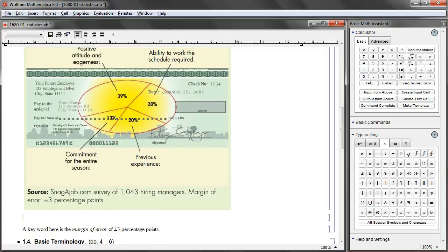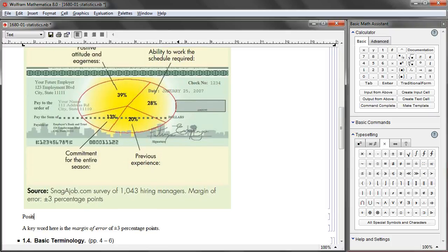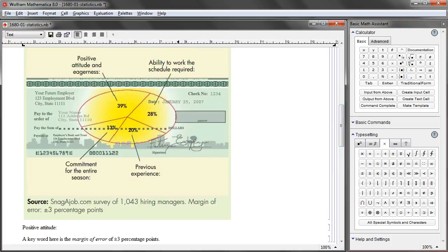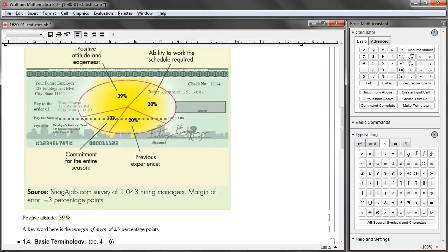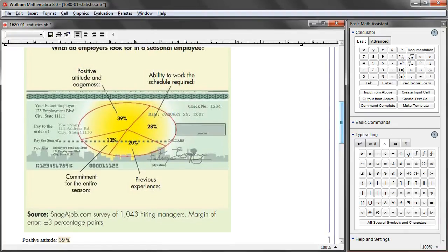For example, positive attitude, and so on. What is the result? We have 39%. Well, does that mean absolutely 39% of all hiring managers are looking for positive attitude and eagerness as their number one criterion?